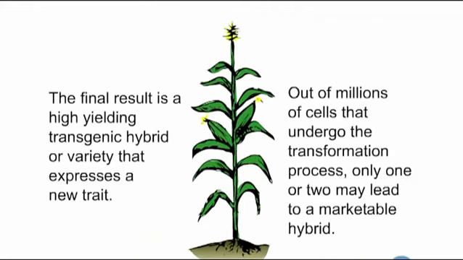So the final result is a high yielding transgenic hybrid or a variety that expresses a new trait with the desired character. Out of millions of cells that undergo the transformation process, only one or two may lead to a marketable hybrid.